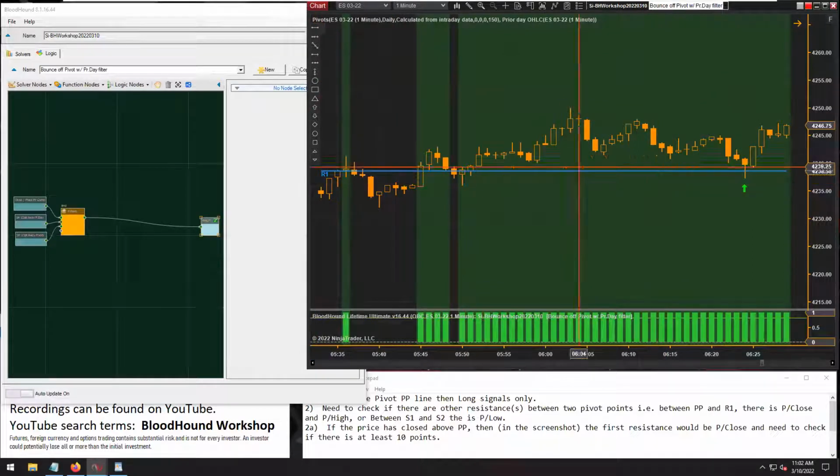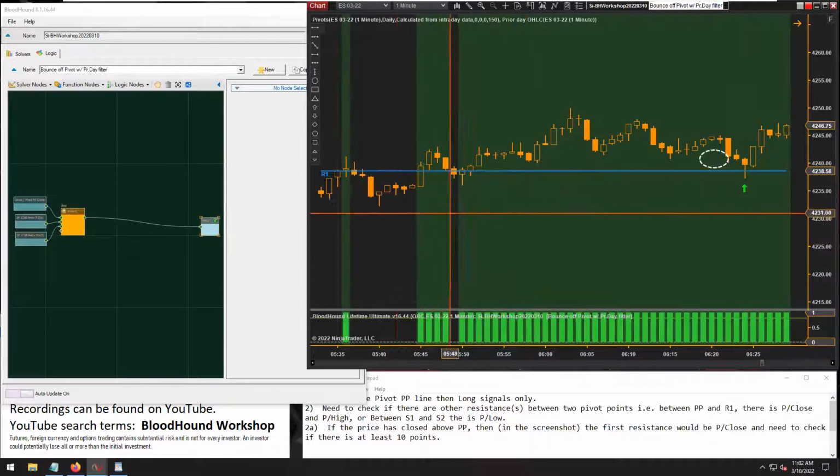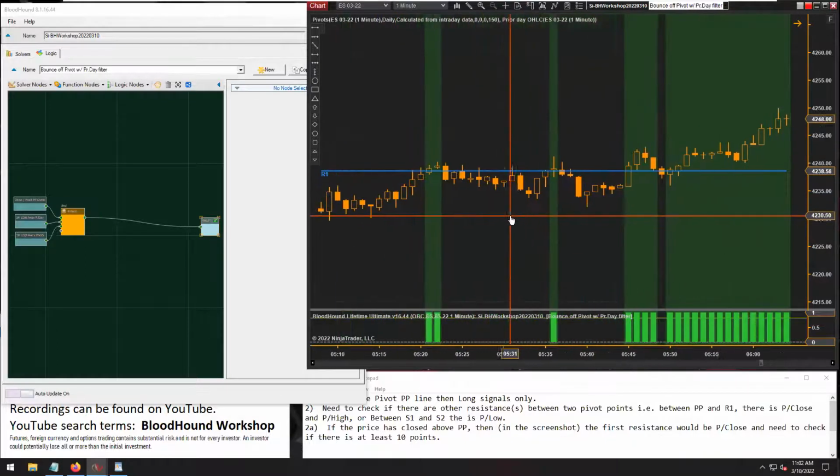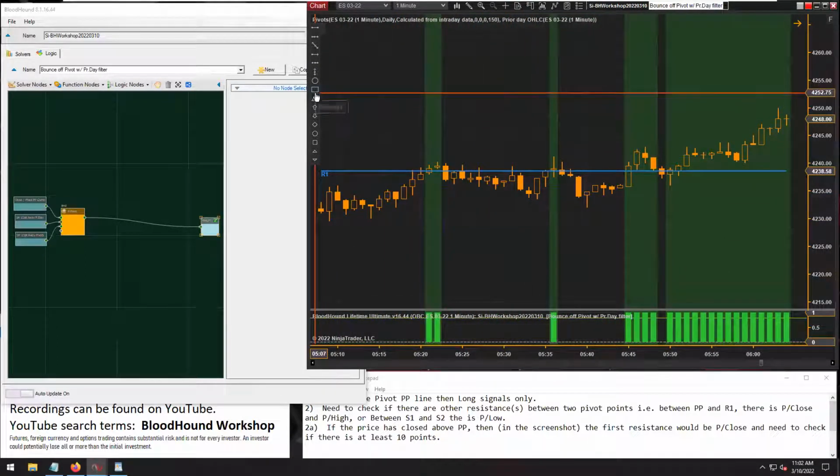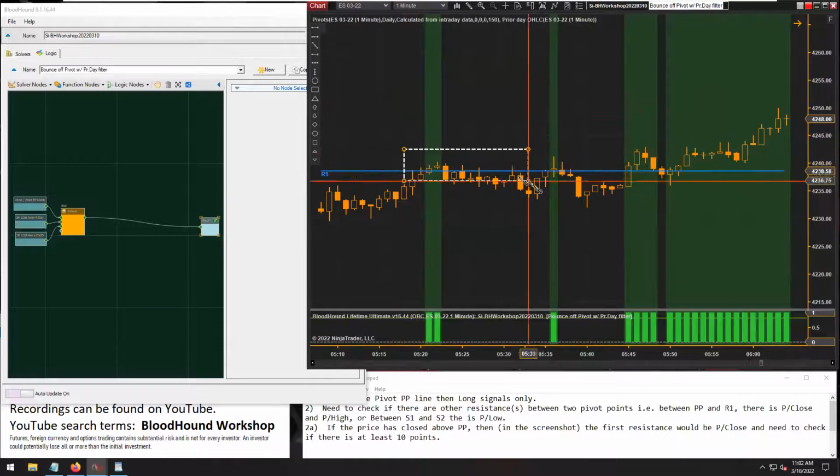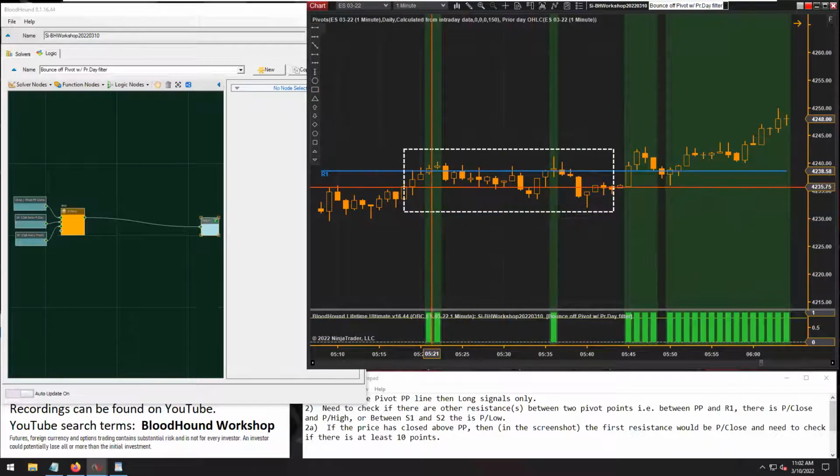All right. So what are the main components when you're identifying a bounce pattern? You have to ask yourself, is there a bounce in here? Obviously not. Price is consolidating around R1.